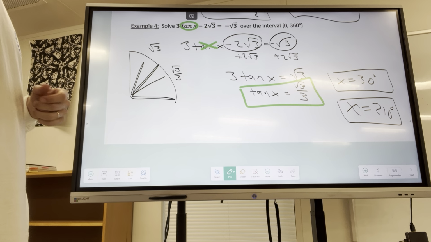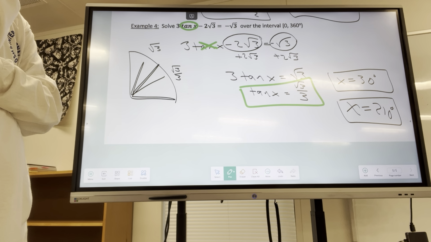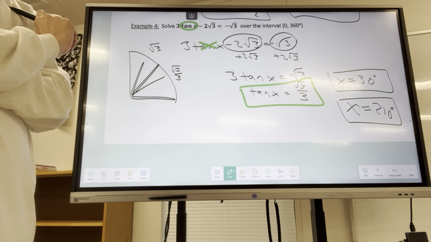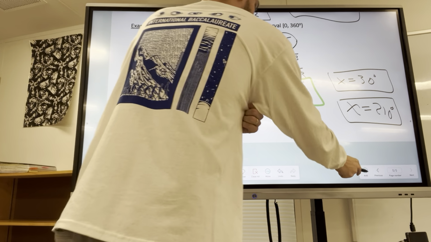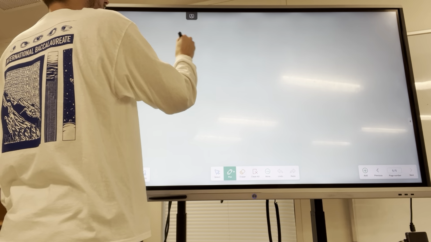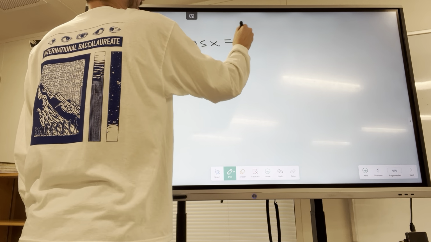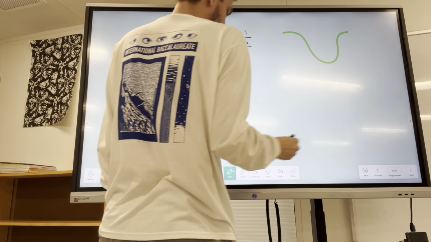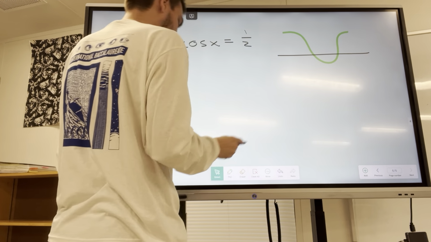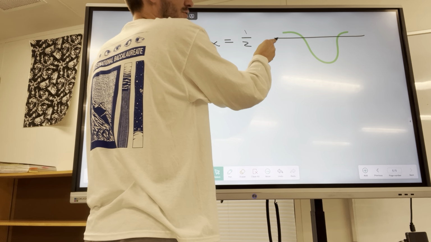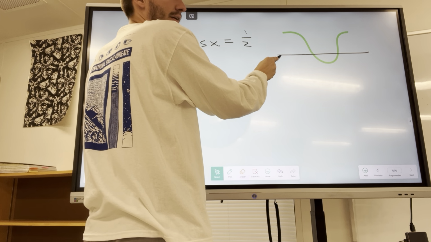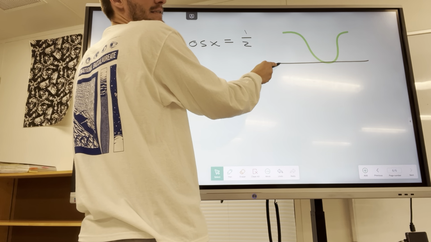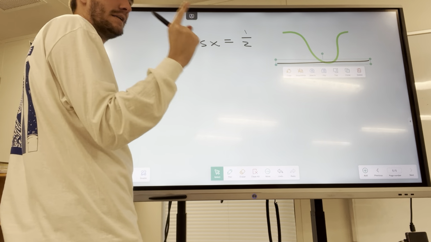You got a question? So is cosine the only one that only has one answer? That is a good question, and it is maybe misleading the way that these questions looked. Let's say I asked you this question: when is cosine x equal to 1/2? Cosine is just like the other ones, almost always gonna have 2 answers. There's actually only one place where cosine has 1 answer only.